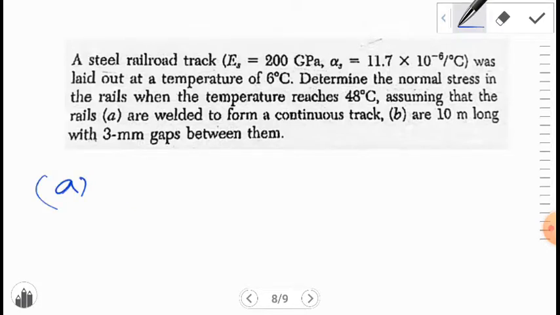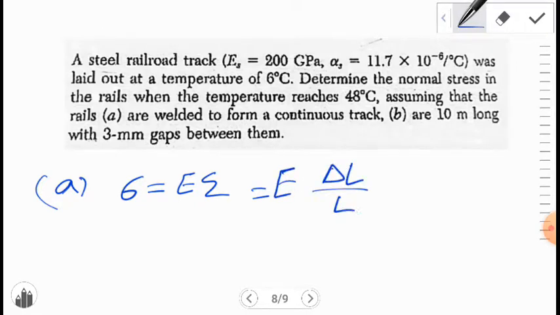we can simply write that because we have one continuous member track, for finding the normal stress, sigma is equal to E epsilon, Hooke's law. Epsilon is delta L divided by L. Delta L is the length change due to the temperature.